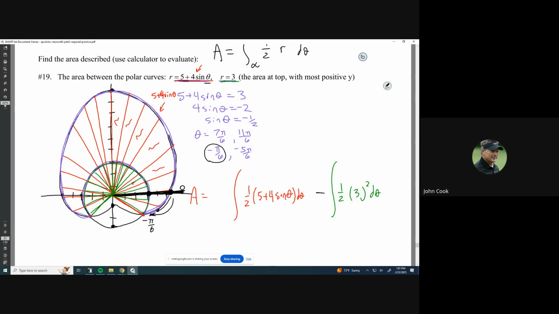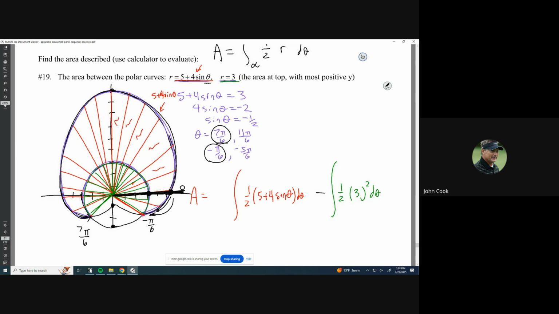If I start at negative pi/6 and rotate this way, I go through 0 degrees and then through pi/2 or 90 degrees, then all the way through pi, or 180 degrees, until I get to this intersection point. I think that intersection point is the first positive one I had, 7 pi/6. I'll bet that's where it is if I graph it out this way.